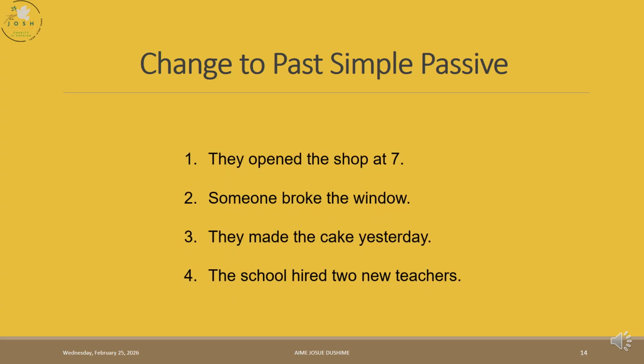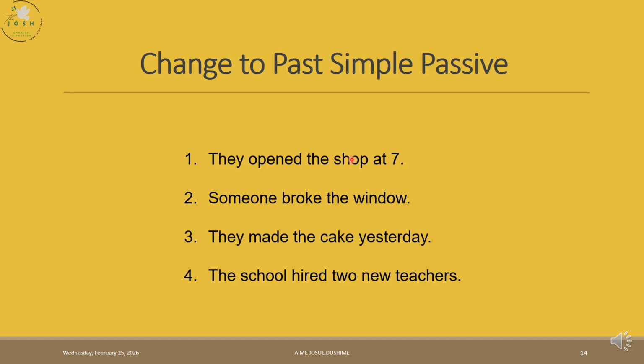Let's change these sentences to past passive now. They opened the shop at 7. Here we will first check what? The object and make it the subject. Here we have subject, verb. This is the object. We take this object and make it the subject of the passive.